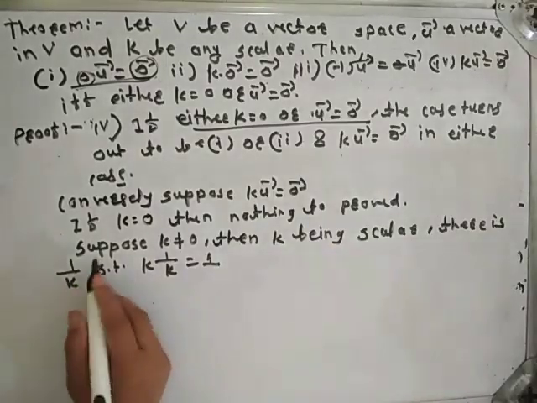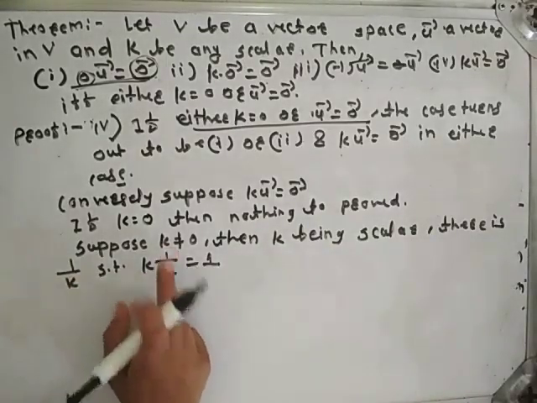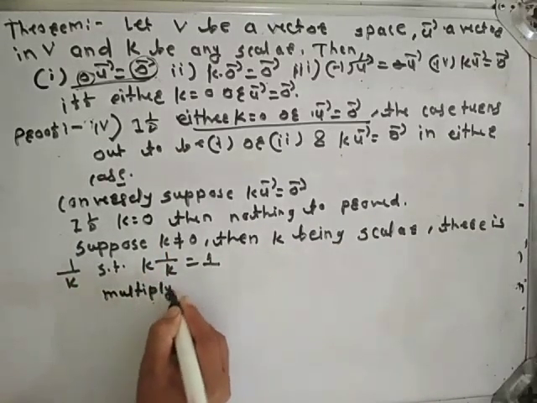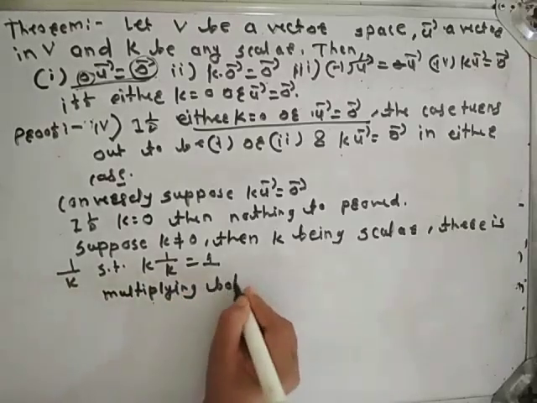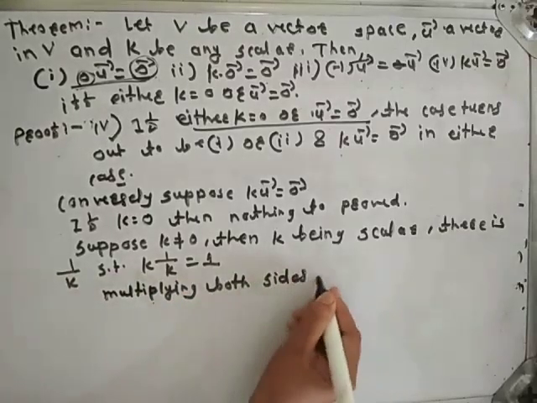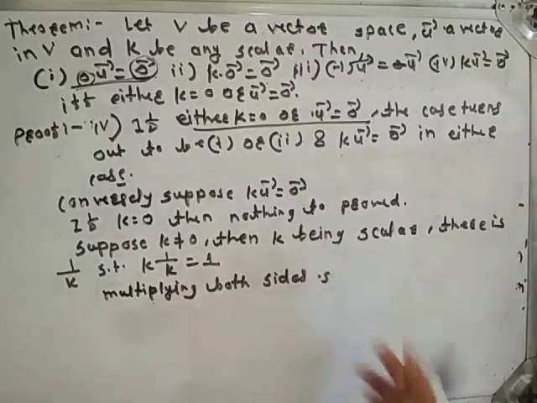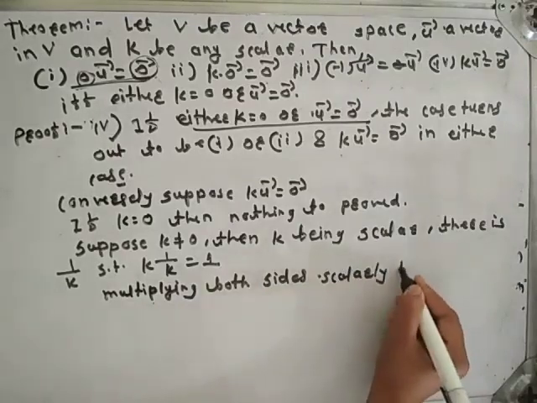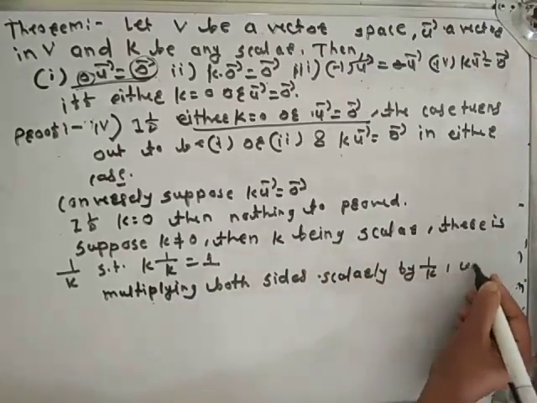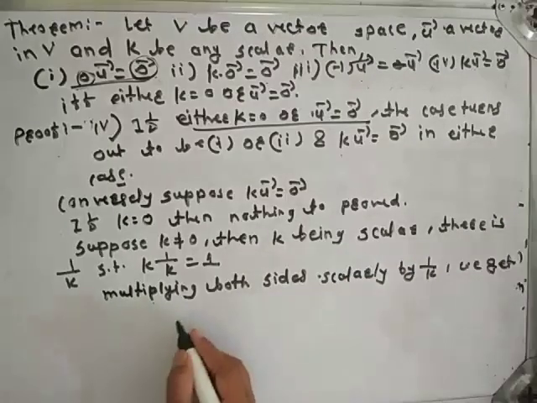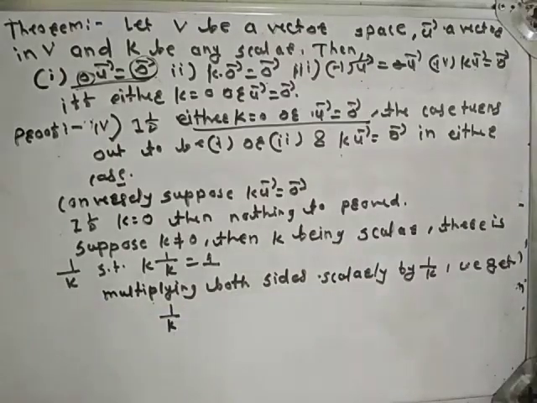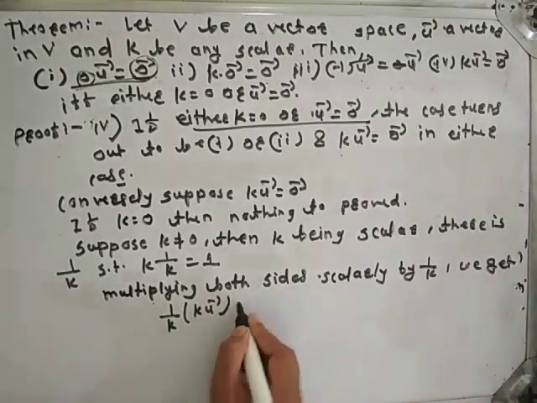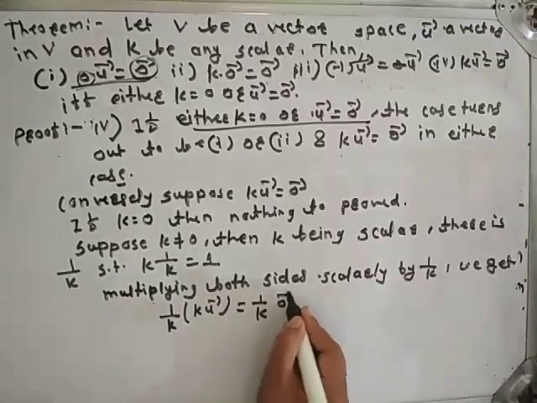K being a scalar, there is 1 by k such that k into 1 by k is equal to 1. Multiplying both sides scalarly by 1 by k, we get 1 by k into k into u bar is equal to 1 by k into 0 bar.